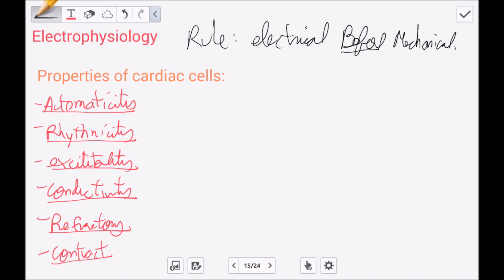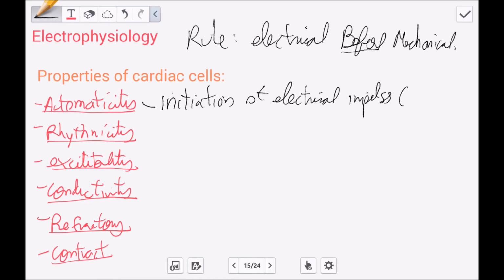Refractoriness, which is the resting phase, and contractility, which is the mechanical contraction. So automaticity is the spontaneous initiation of electrical pulses. So this is initiation of electrical impulses, and this is spontaneous.